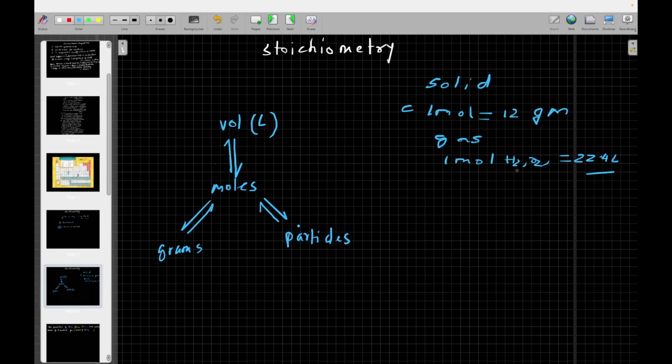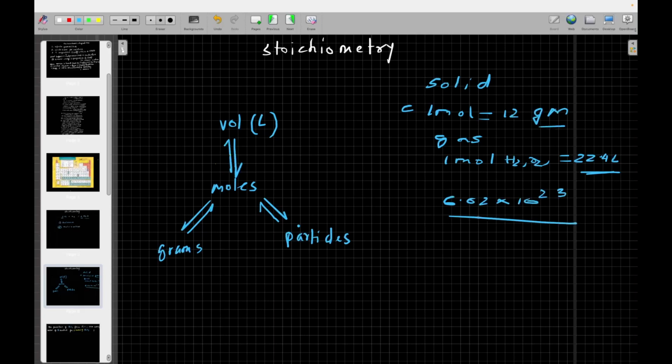So we can express it either in gram or in terms of volume. 1 mole of any substance contains Avogadro number of particles, which is 6.02 times 10 to the power 23.